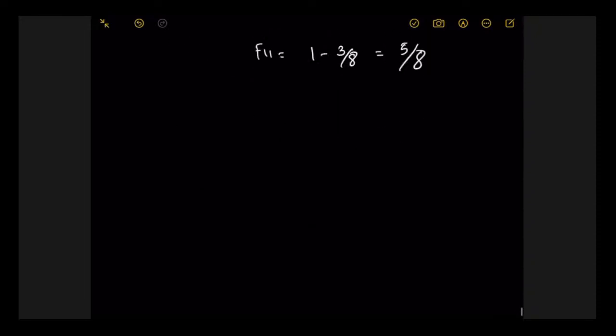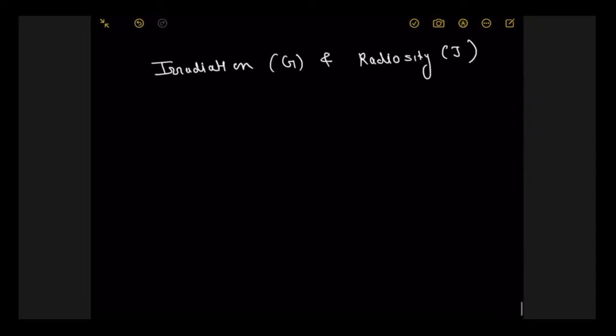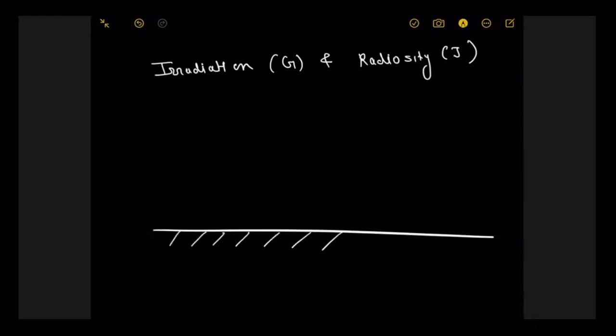Okay. Next, we will see irradiation, that is denoted by G, and radiosity, that is denoted by J. So it is G watt per meter square.